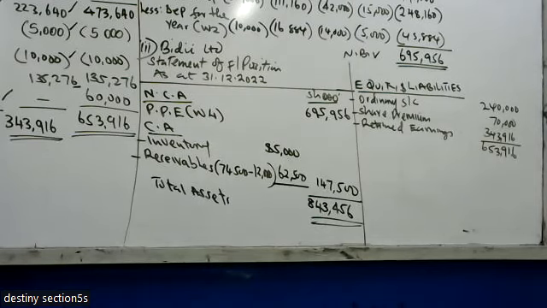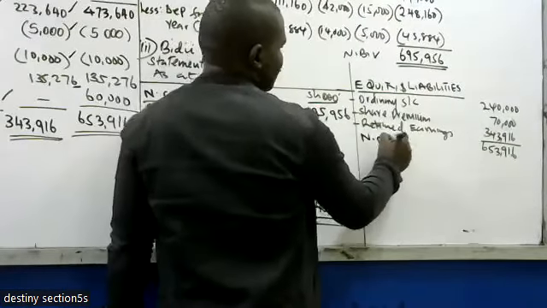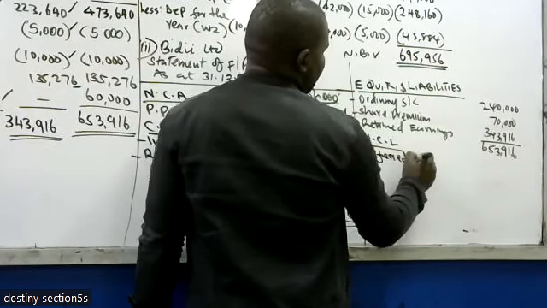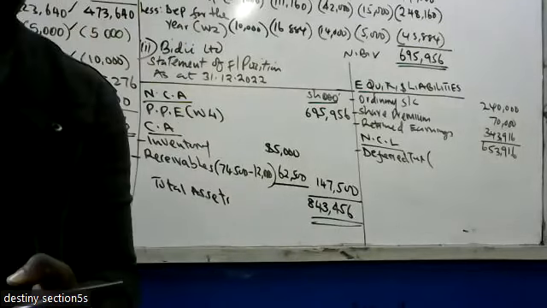I hope you're done. So non-current liabilities, there was deferred tax. Check deferred tax in the trial balance.